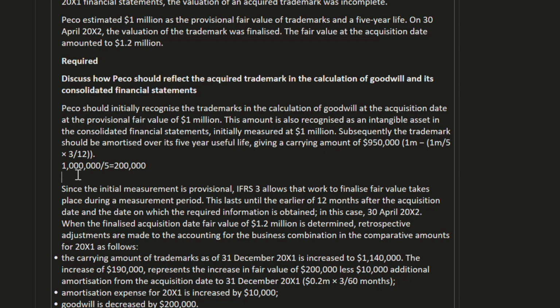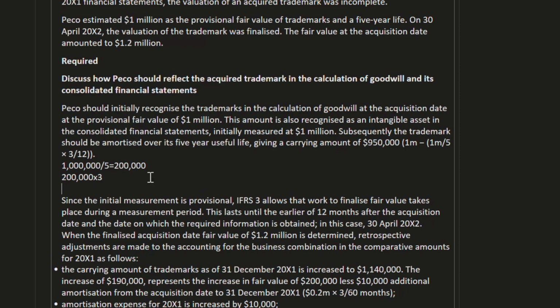So 200,000 multiplied by 3, because we have utilized 3 months, October, November, and December. 3 divided by 12, and we get 50,000. The 50,000 will be subtracted from the 1 million, and the carrying amount of the trademark will become 950,000. So this will be the first adjustment.